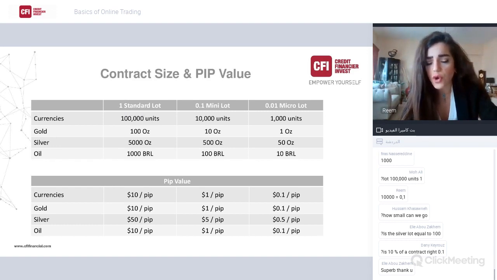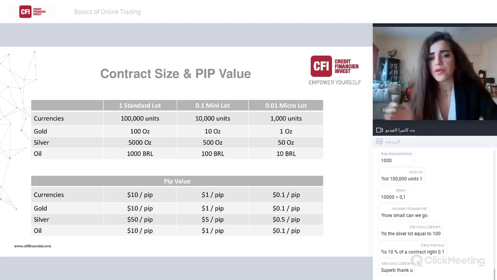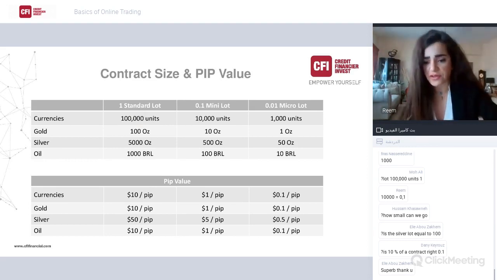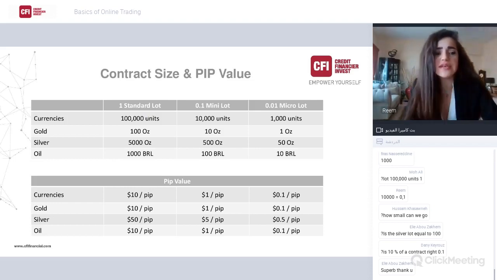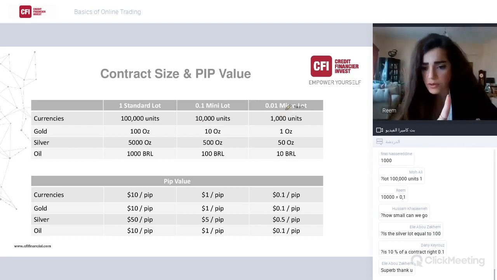This is the lowest you can go, but it depends on the entity and on the platform. With some entities, they do not go for 0.01. The minimum is a mini lot. So it depends on the brokerage, it depends on the entity, it depends on many factors, okay? As for the gold, as you can see, one standard lot of gold is 100 ounces. This means that a mini lot is 10 ounces and a micro lot is 1 ounce.